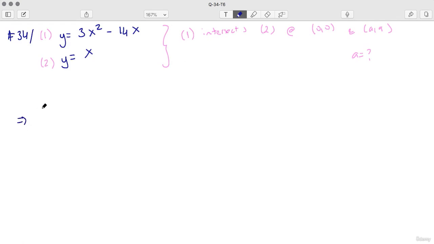So let's start by plugging 2 into 1. Wherever I see y, I'm just going to plug in x. So x equals 3x squared minus 14x.